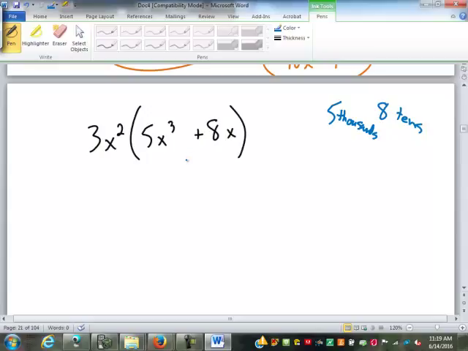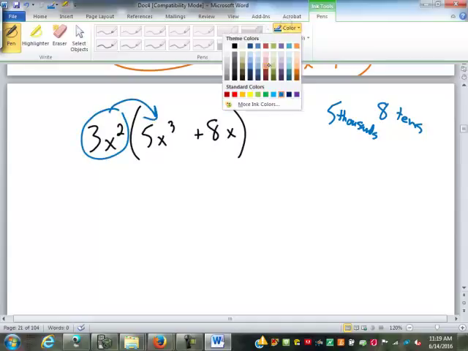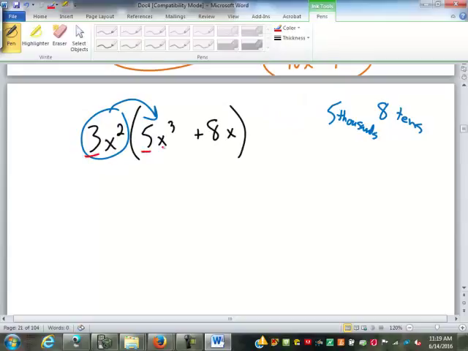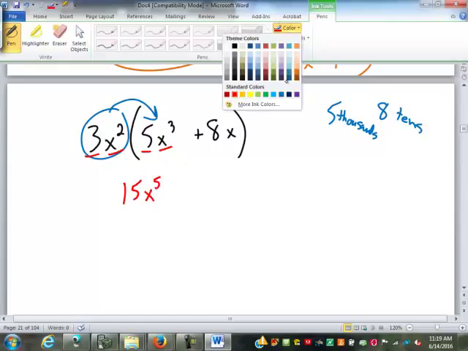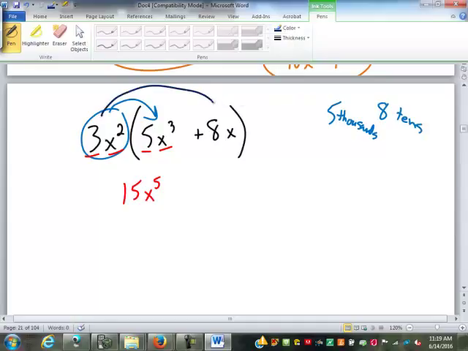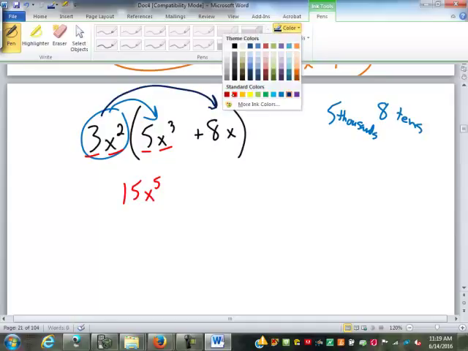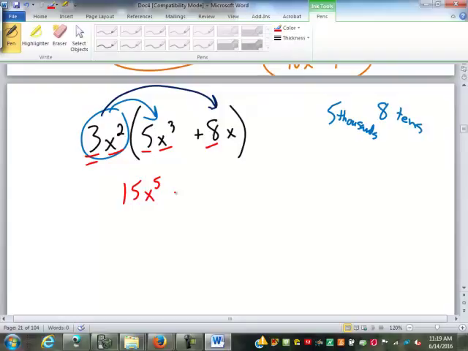So we're going to multiply. Now I'm going to start distributing just to shorten things up a little bit. So I'm going to take the 3x squared times the 5x to the third. What's 3 times 5? 15. X squared times x to the third, x to the fifth. 2 plus 3 is 5. Now I'm going to do the 3x squared times 8x. What is 3 times 8? 24, positive or negative?